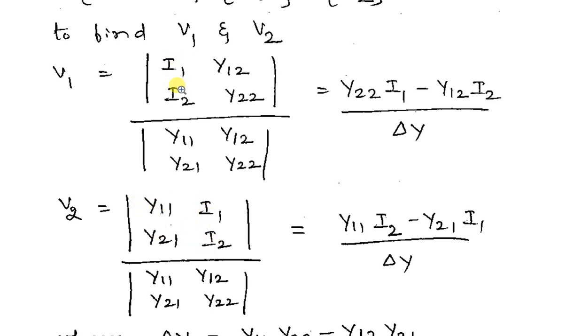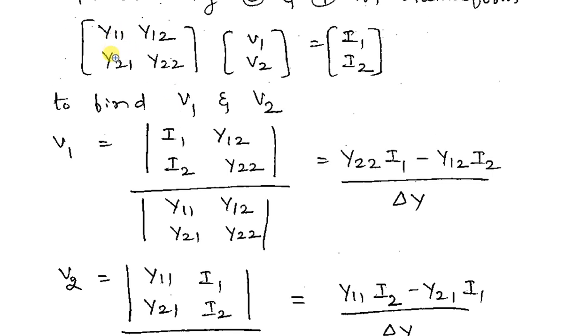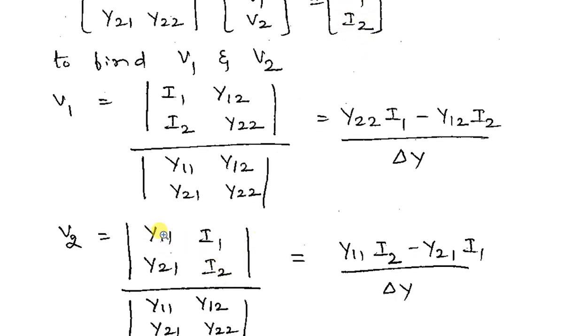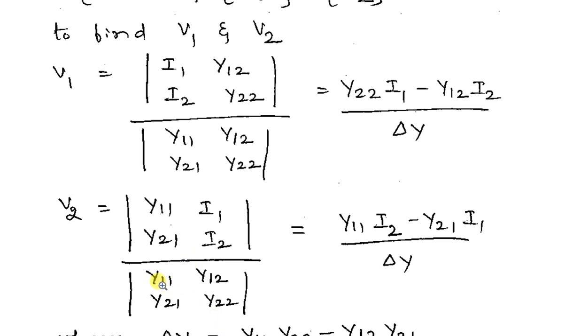This determinant is y11 I2 minus y21 I1, and the denominator is y11 y22 minus y21 y12. That original y matrix determinant is represented as delta y.